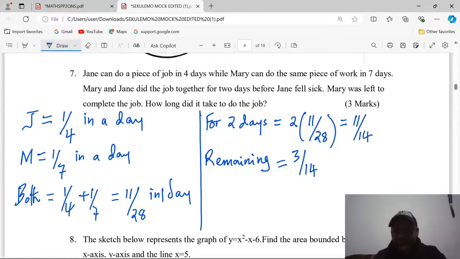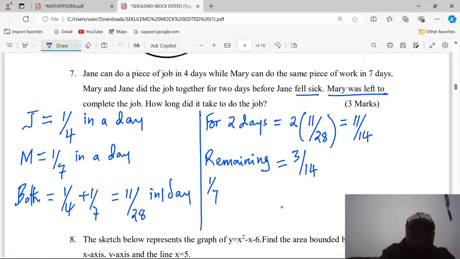If this has remained undone, and we know the rate of work of Mary, who is now going to work alone, remember Jane fell sick and Mary was left. So it is Mary now working alone. We will say 1/7 of the work is done in one day. What about 3 out of 14 of the work, the remaining fraction?